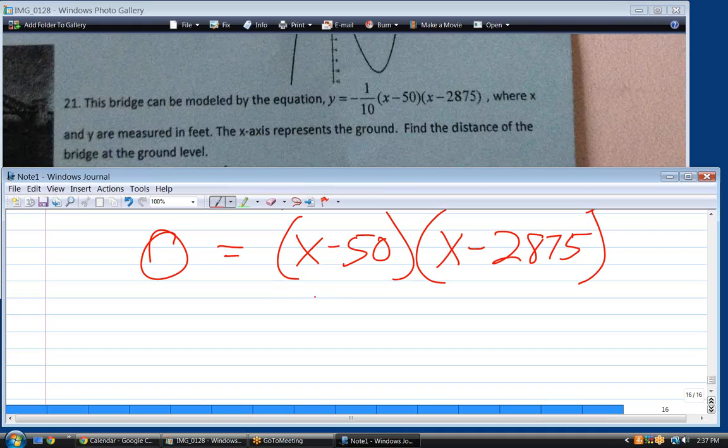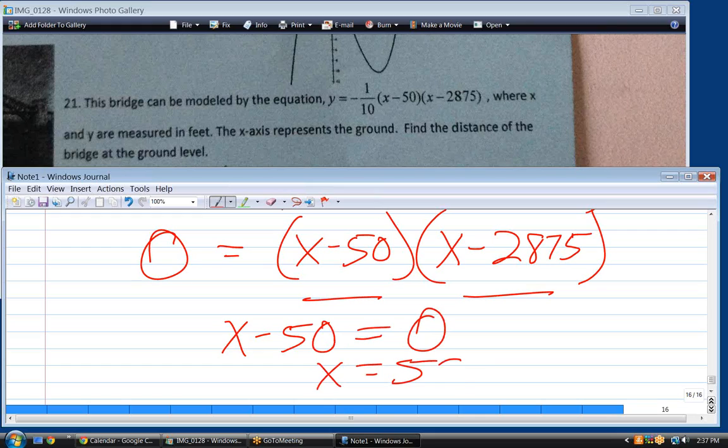Because all I have to do is set that equal to 0 or that equal to 0. Well, when I set x minus 50 equal to 0, what is x equal to? It's equal to 50. When I set x minus 2875 equal to 0, what is x equal to? 2875.